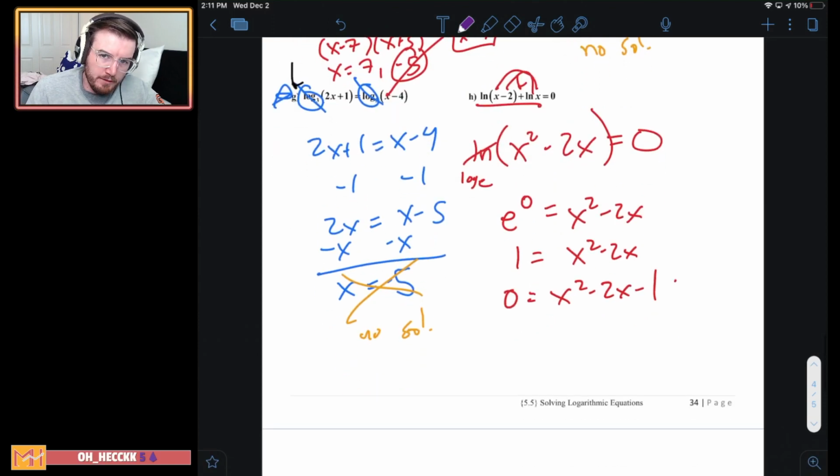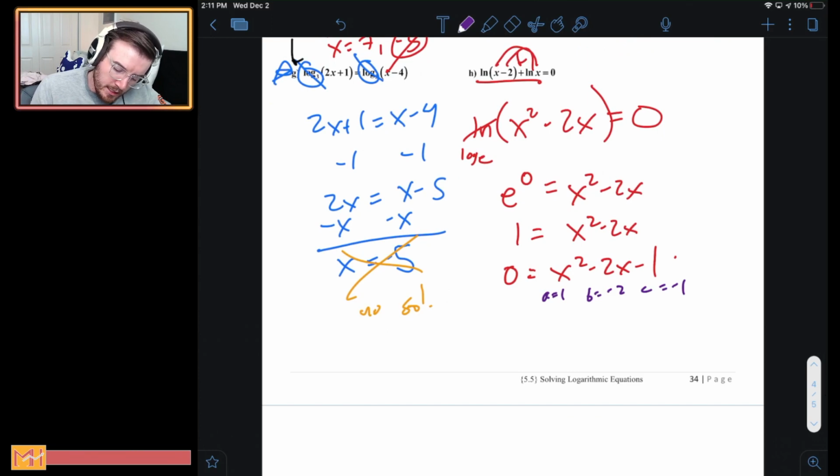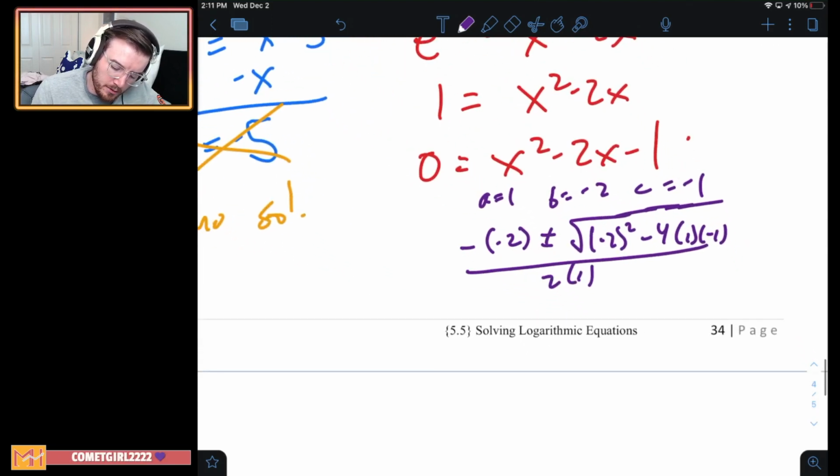So a is 1, b is -2, c is -1. So negative b plus or minus the square root of b squared minus 4ac all over 2a. I'm going to run out of room.